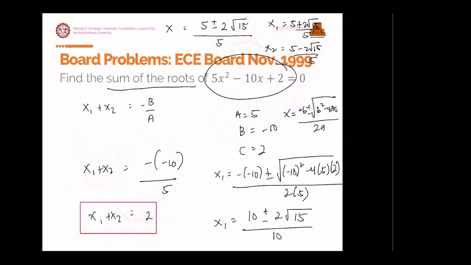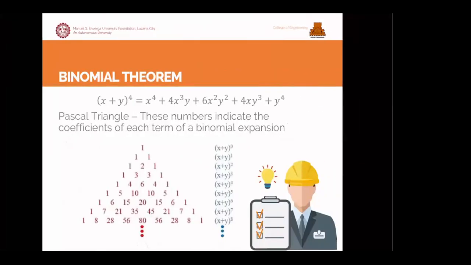So, your answer should be the same as what we used dun sa formula natin. So, equals yan sa 2. Okay? Okay, so okay tayo dito. So pag pinag-add yung x1 and x2 equals sa 2. Okay, thank you. Next, binomial theorem.